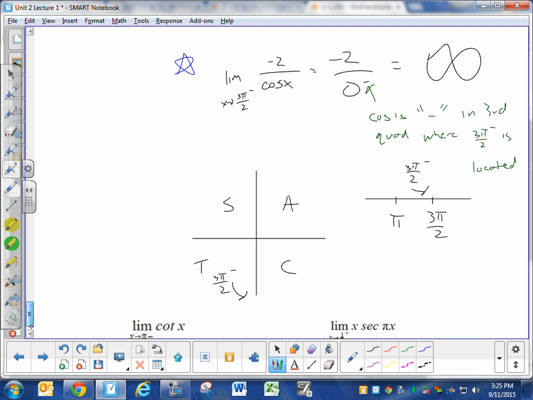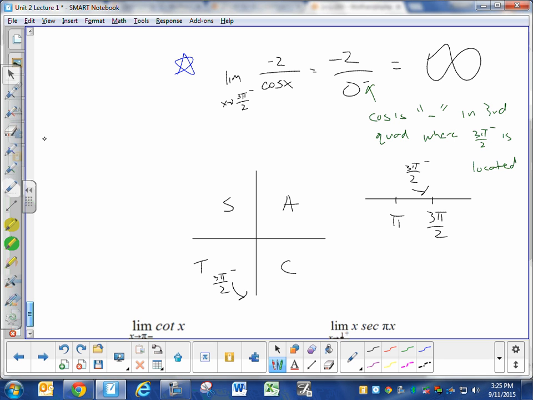Now, you will see cotangent, you will see secant. Just really quickly, I'll show you this one, if it works. Nothing's working. If you have cotangent or secant, rewrite it. Rewrite it as cosine over sine.